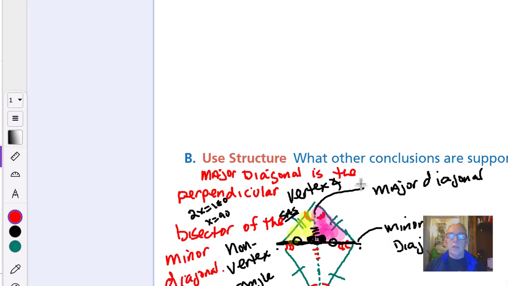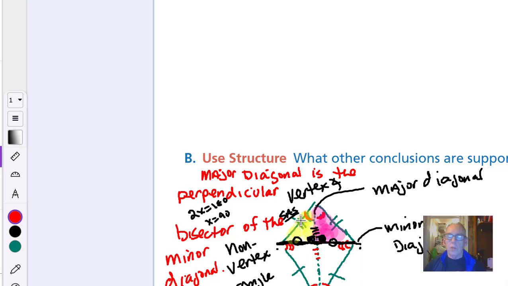So in a kite, the major diagonal is the perpendicular bisector of the minor diagonal. Also, the vertex angles are bisected by the major diagonal, and the non-vertex angles are congruent to each other.